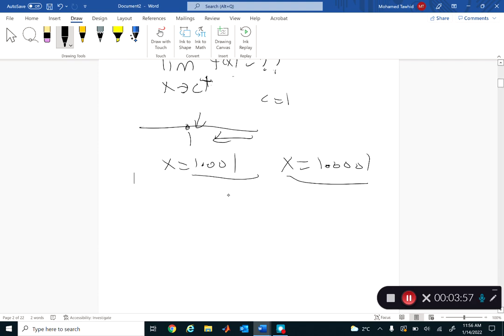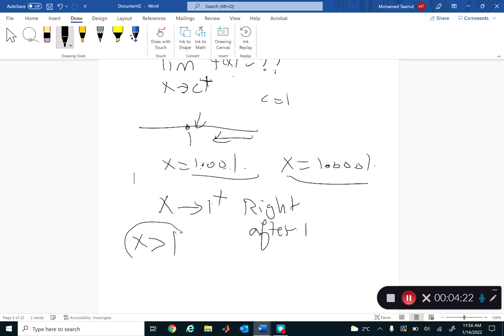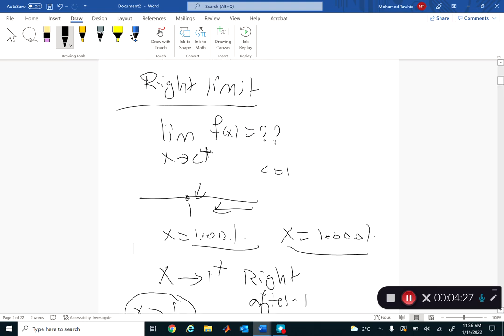So when I say x close to 1 from the right, it means after 1, and because it's 1.001 or 1.0001, it's clear that x is greater than 1, but very close to 1.